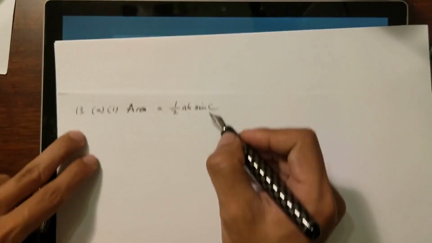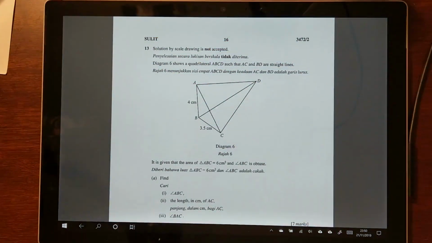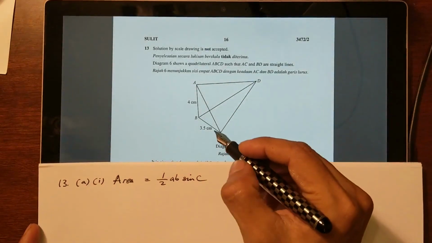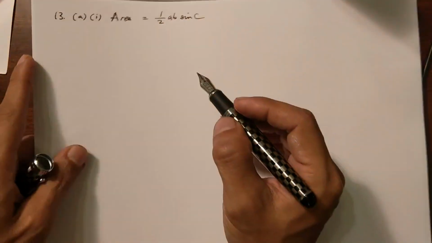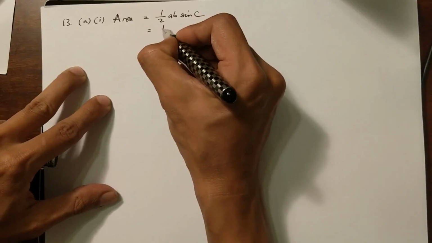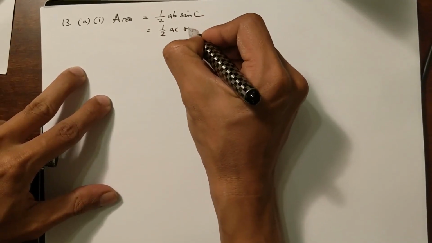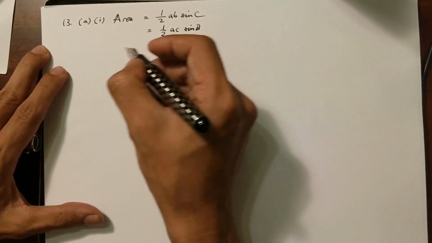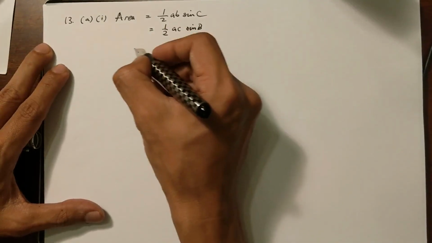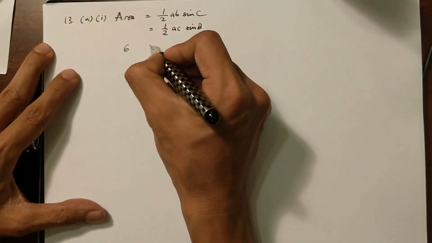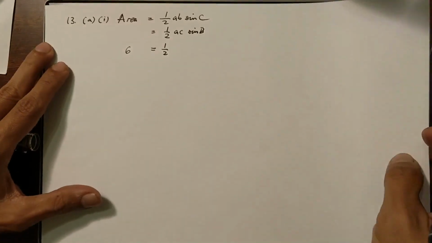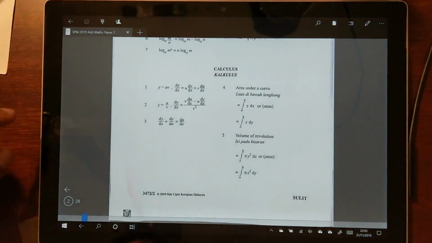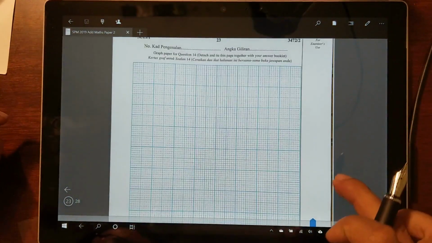So in this case, it's strictly speaking half of AC sine B, right? So area we're given as 6, so we have 6 equals half of length A is, oops, sorry about that.